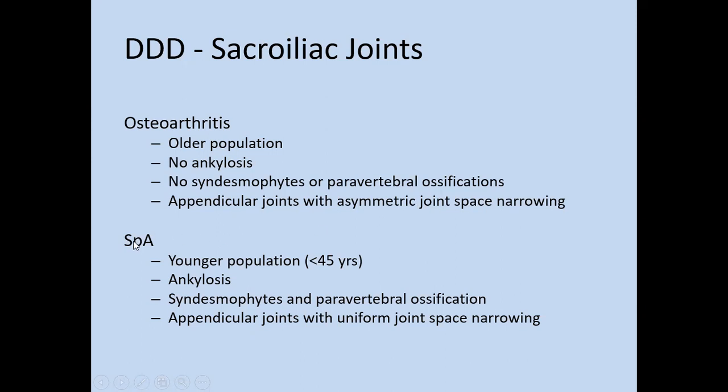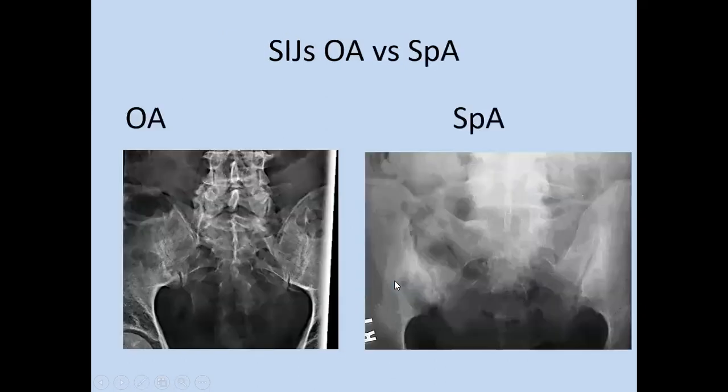And if you have appendicular skeleton radiographs in this osteoarthritis group of patients, you will see asymmetric joint space narrowing. But in patients with SPA, they are younger than 45, you see the ankylosing of the joints, you see syndesmophytes. And if you have appendicular radiographs for these patients, the joint space narrowing is uniform, as opposed to asymmetric in degenerative joint disease.